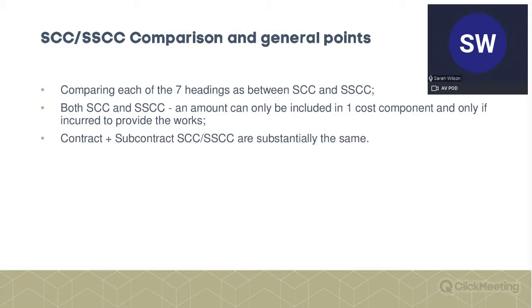There are some common denominators. Both of them say that you can only claim an amount in one section. So if, for example, there is the opportunity to claim it in 2, it's basically preventing contractors and subcontractors from any double claiming.